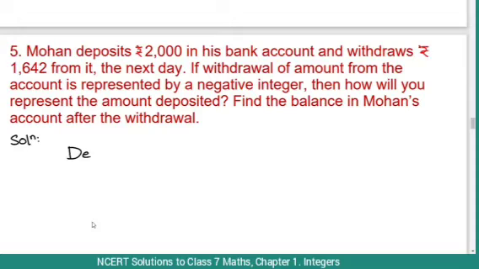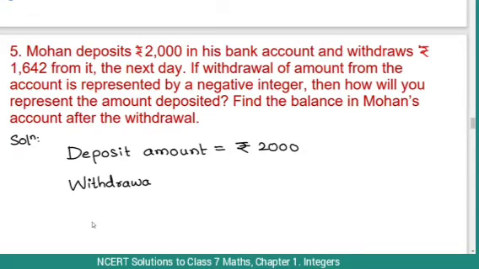Solution. Deposit amount by Mohan is rupees 2000 and withdrawal amount is rupees 1642.